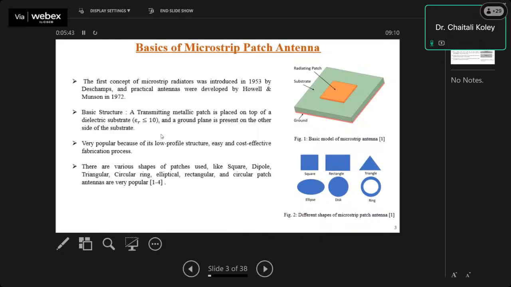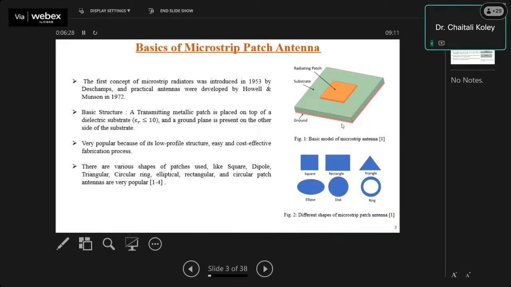Normally it is a dielectric constant of less than 10, normally 2.2 for the Rogers RT/duroid. Also, the thickness of the dielectric can vary depending upon the application. It may be 0.7 millimeter, sometimes 1.57 millimeter, or sometimes 3.175 millimeter. So we can vary the thickness of the dielectric.